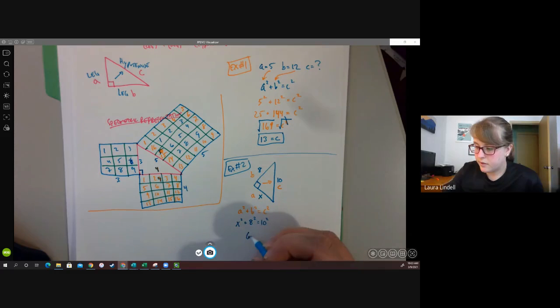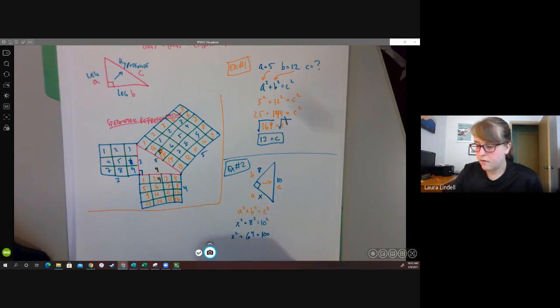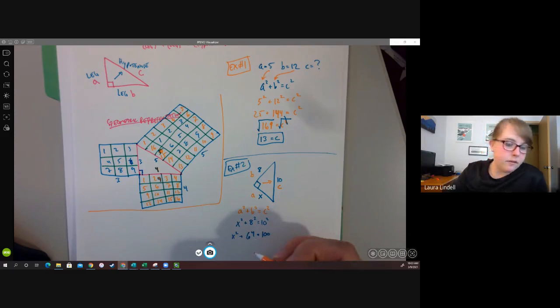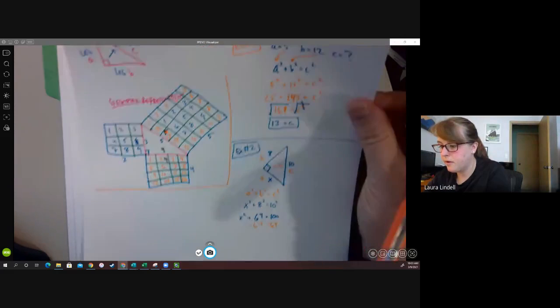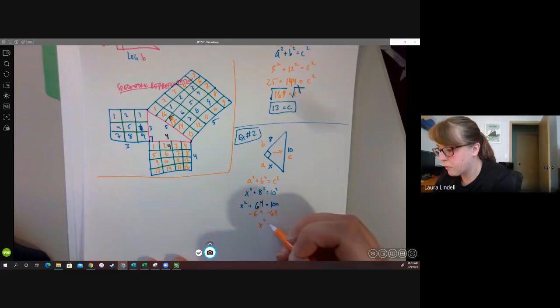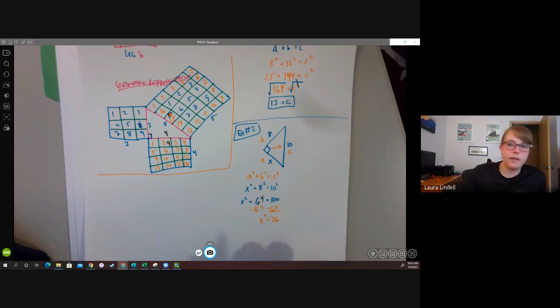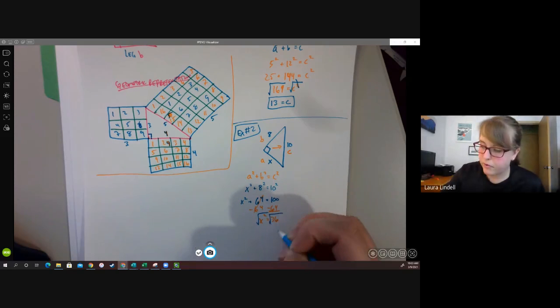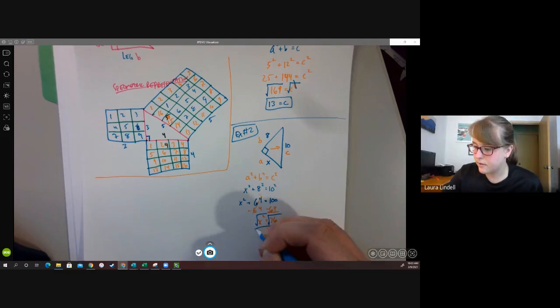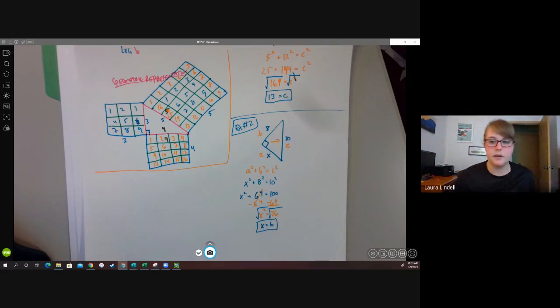So 8 squared is 64, 10 squared is 100. Then we want to get x by itself, so we subtract 64 from both sides. We get that x squared is 36, since 100 minus 64 is 36. And then lastly, just like we did up here, we're not done yet. We have to square root both sides to get x is 6. And that's really all there is to it.